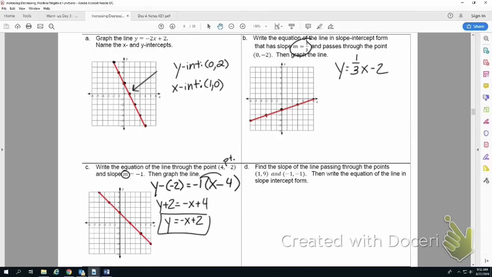Last one says, find the slope of the line passing through the points 1, 9, -1, -1. Then write the equation of the line in slope-intercept form. So I don't have my slope, so I need to find it. What is that formula again? Somebody remind me. Awesome.